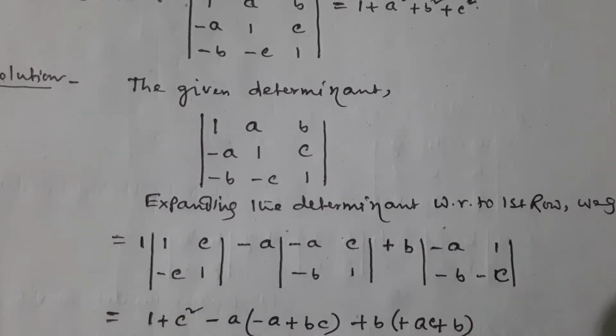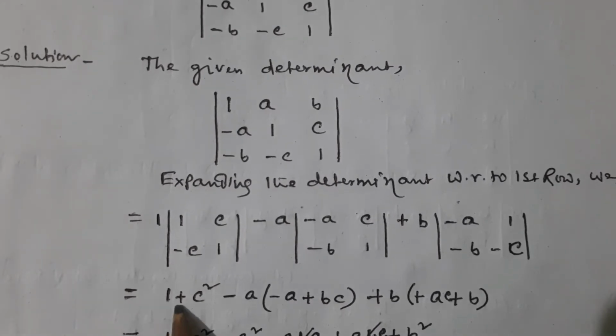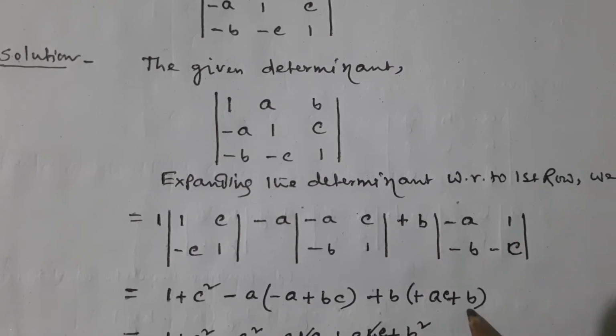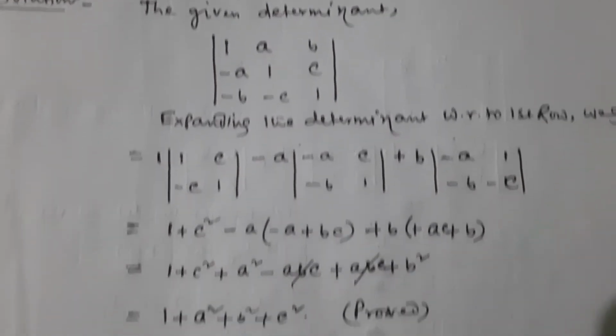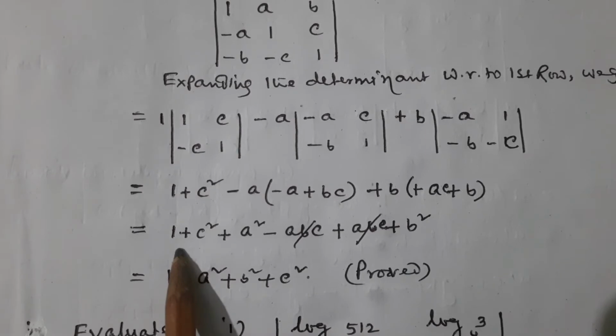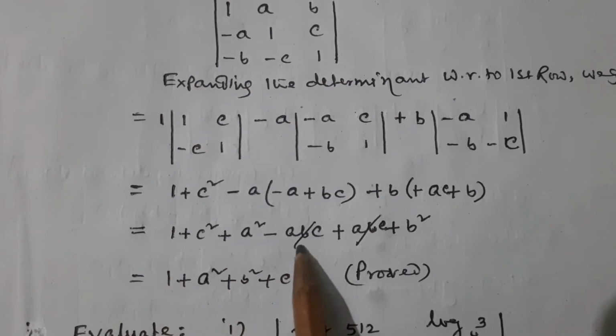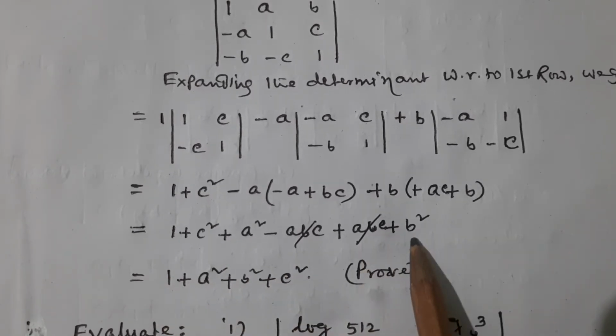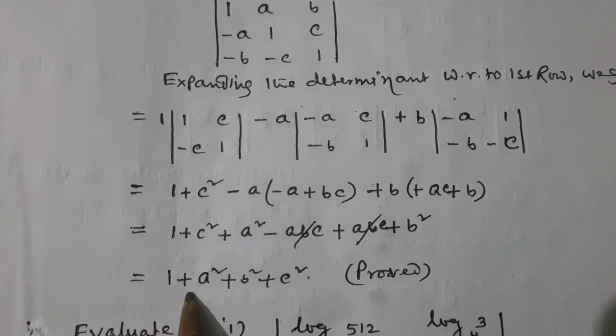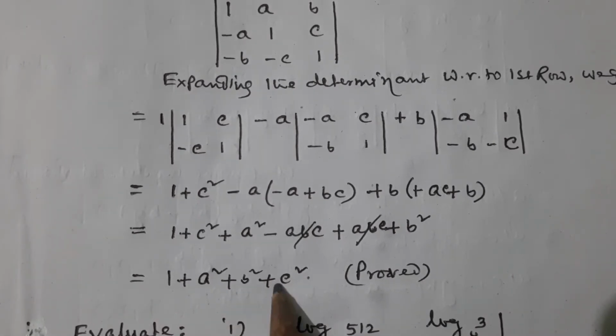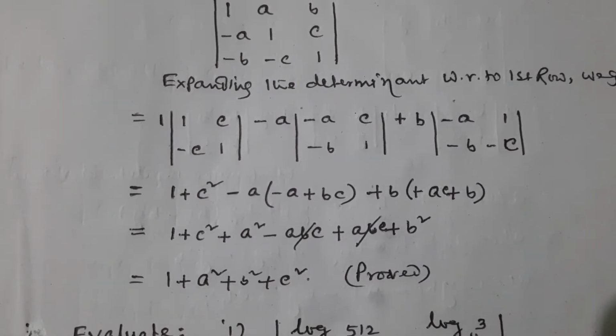And if we simplify, we get 1 plus c square, minus a into minus a minus a plus bc, plus b into ac plus b. Therefore, that is equal to 1 plus c square plus a square minus abc plus b square, equals 1 plus a square plus b square plus c square. And it is proved.